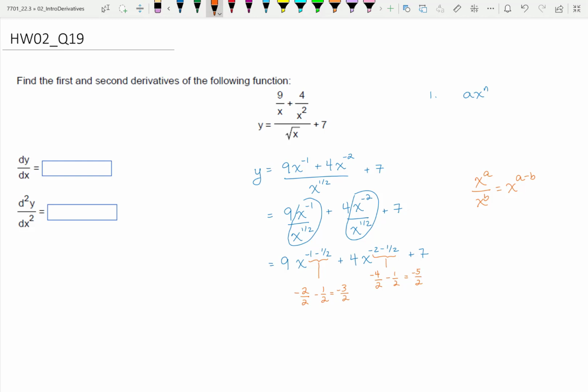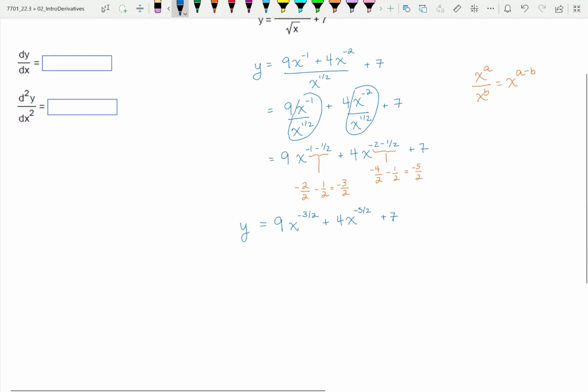So rewriting my expression now that I've done my fraction math, I have 9x to the power of negative 3 halves plus 4x to the power of negative 5 halves plus 7. Okay, so this is my y expression.